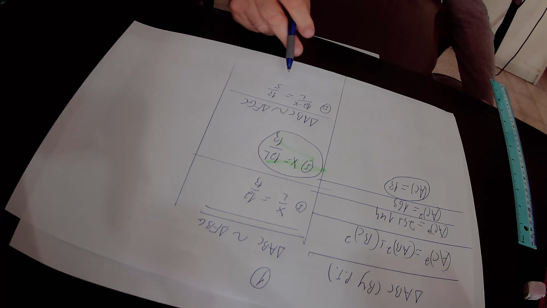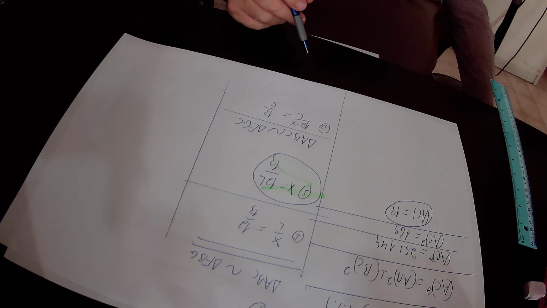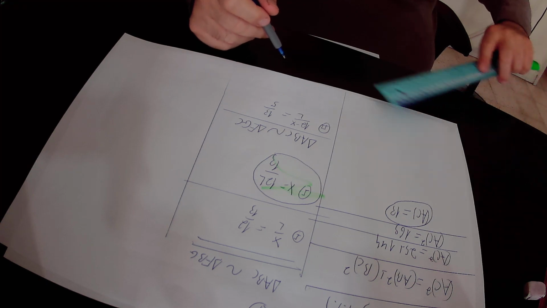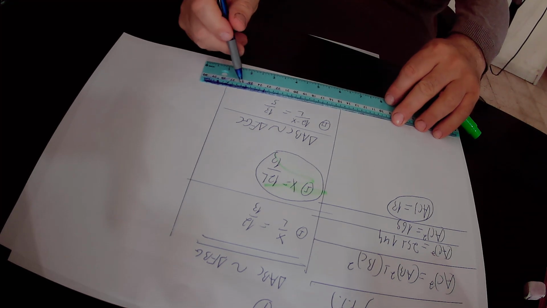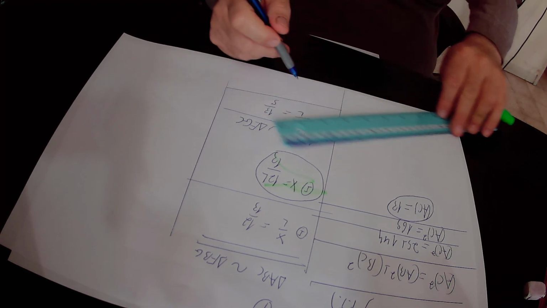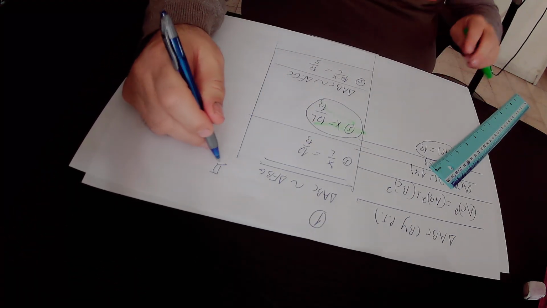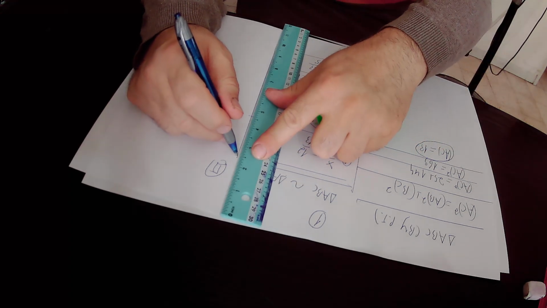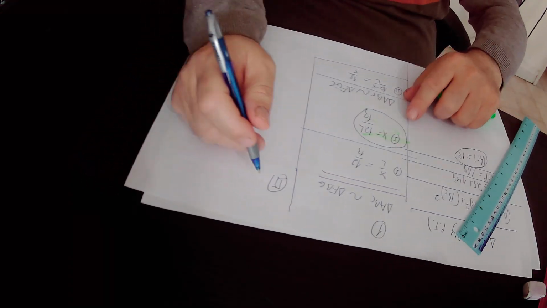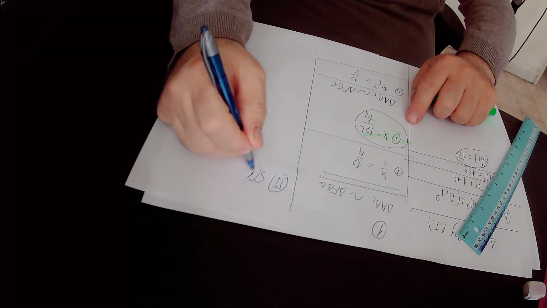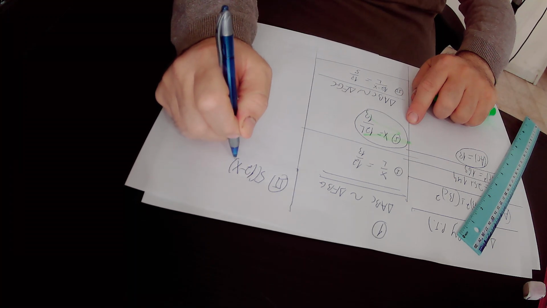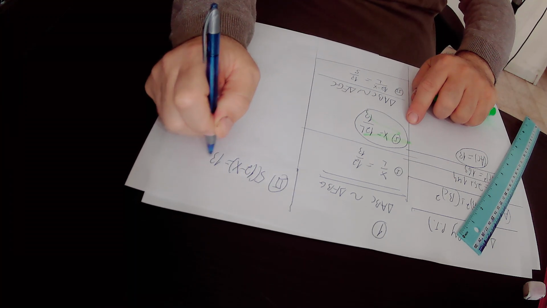So here we cross multiply this equation 2, and according to equation 2 we get 5 times (12 minus x) equals 13L.